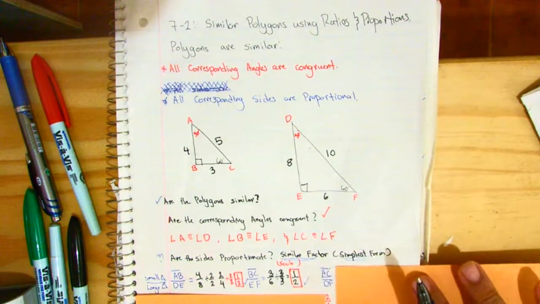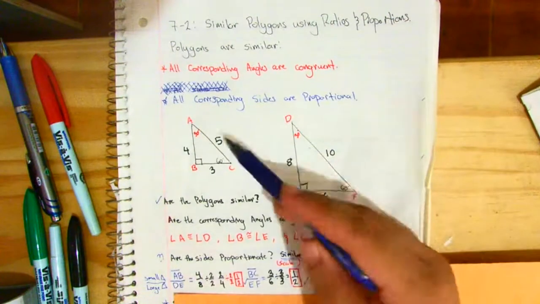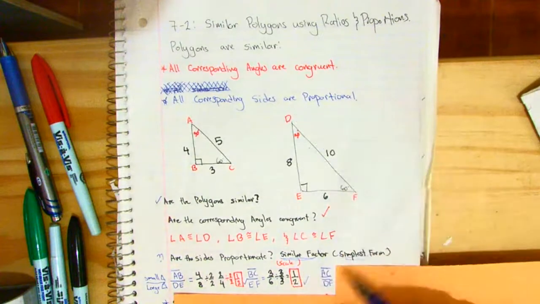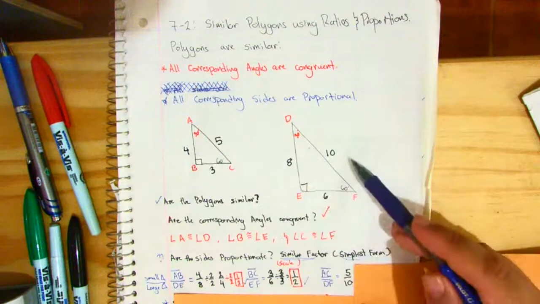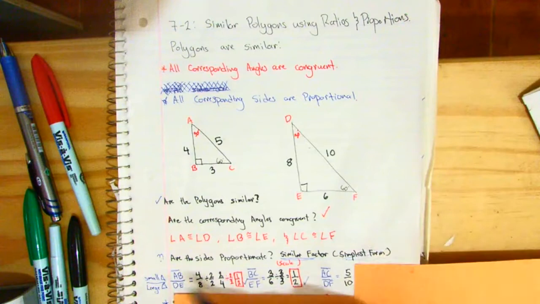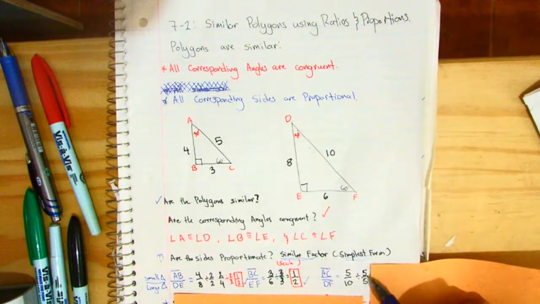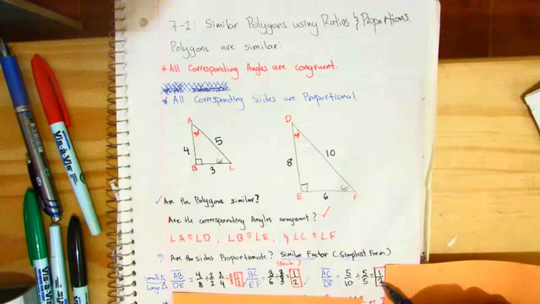The last one we're going to do is AC, which we compare to DF. AC has a value of 5, DF has a value of 10. We can divide the small triangle and the large triangle by 5. 5 divided by 5 is 1, 10 divided by 5 is 2.